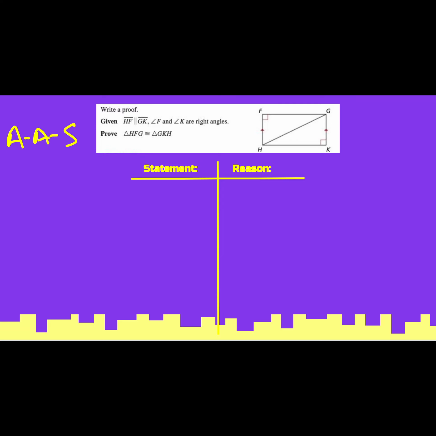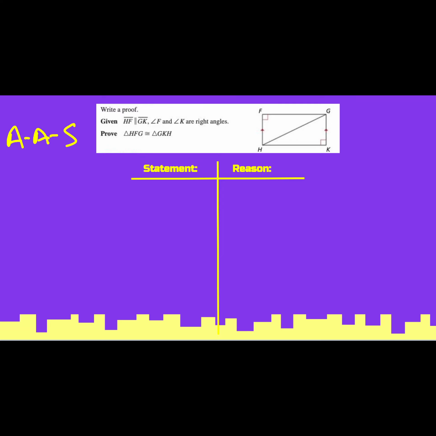What congruence theorem did we want to use when we see a right angle? We talked about two of them yesterday. Yeah, the HL, hypotenuse leg, because that applies only for right triangles.